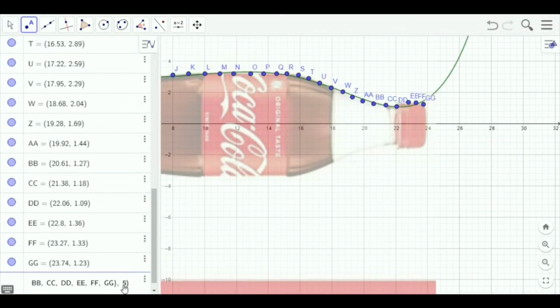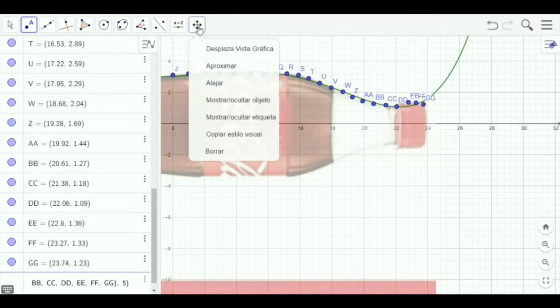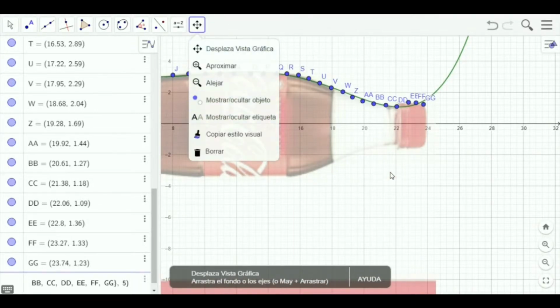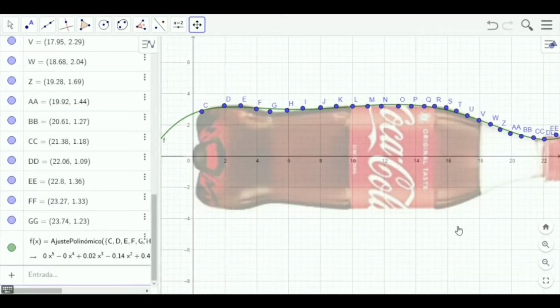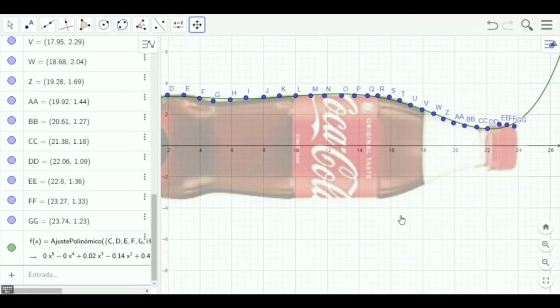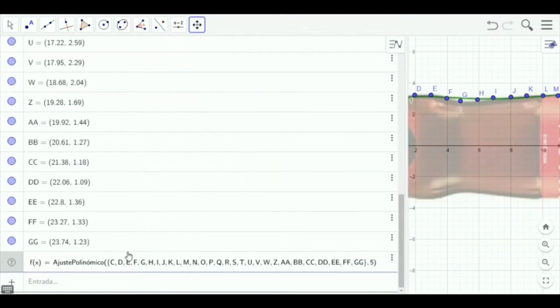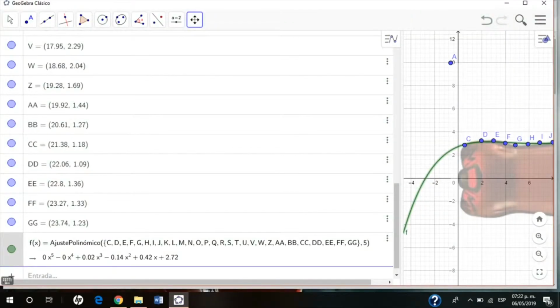And we start with the C, and we're gonna put a 3 to check if the line touches all the points. We use a 5. So we're gonna check, and this is better because it touches more points and it's more specific. So we click here and we can find out that this is our equation.